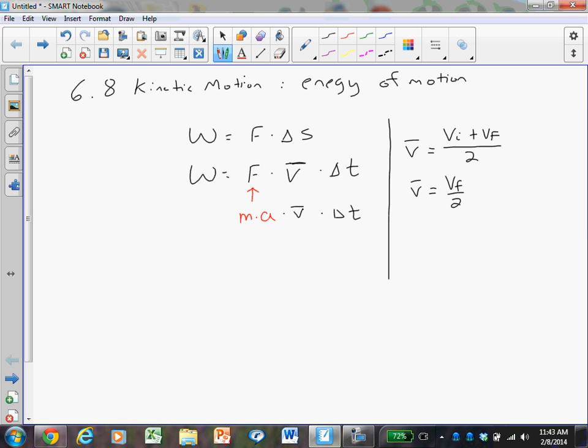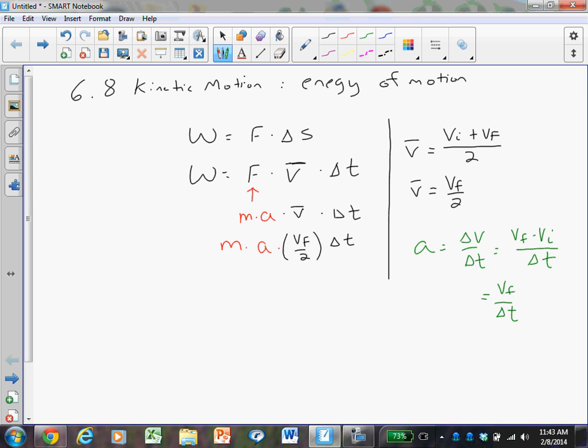So when we plug that in, we have m times a times Vf over 2 times delta t. But of course, a is delta v over delta t. Delta v is Vf minus Vi, but we're taking Vi as 0, so we get Vf over delta t.